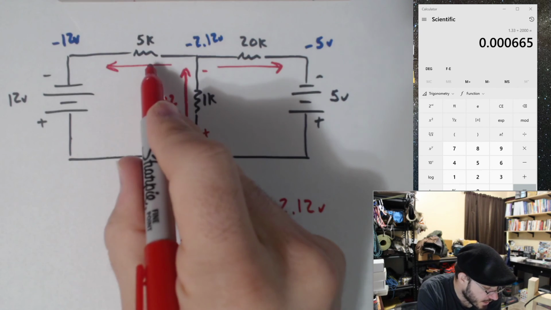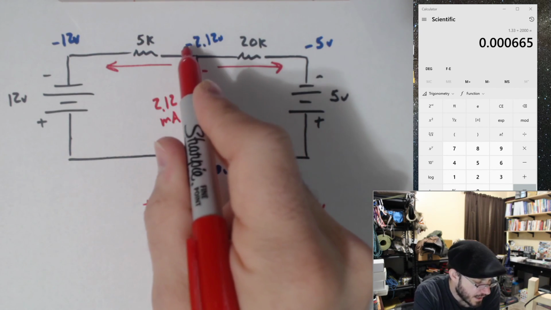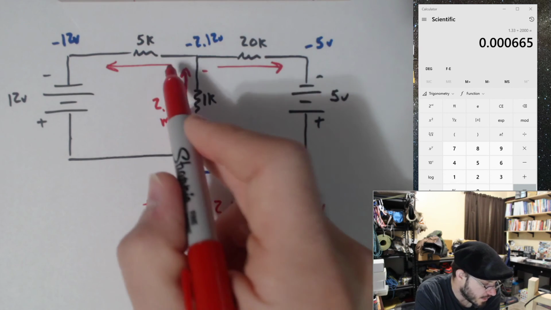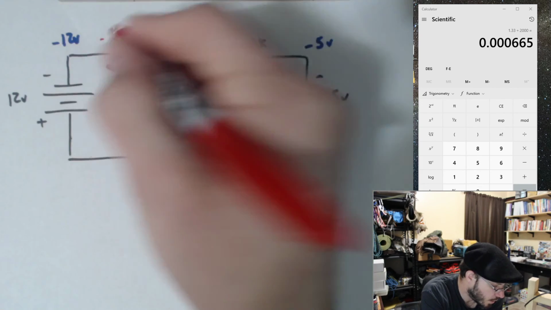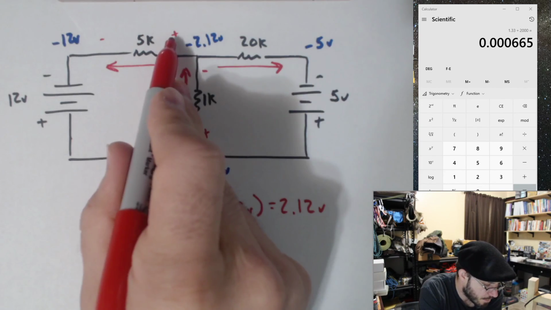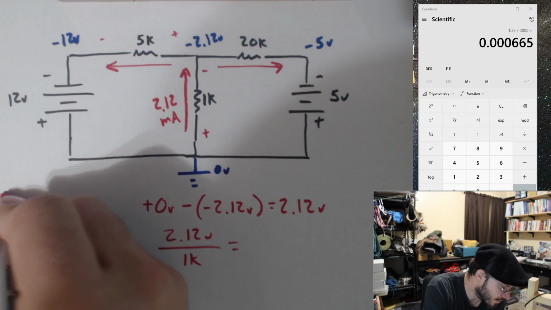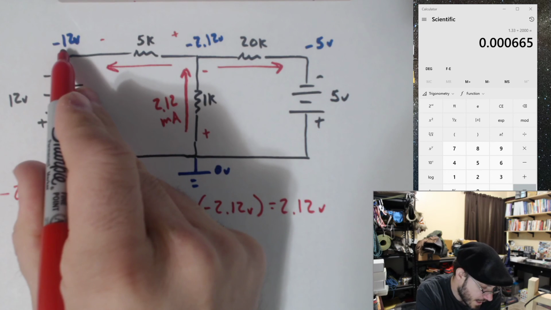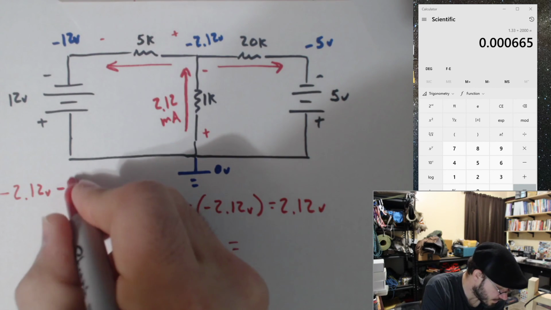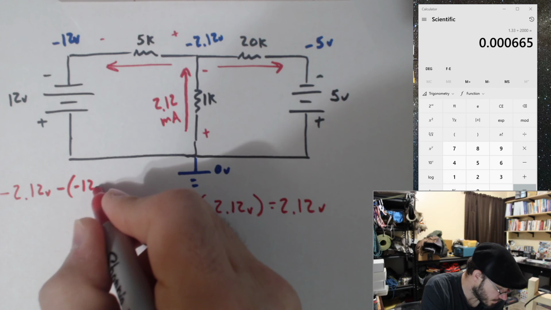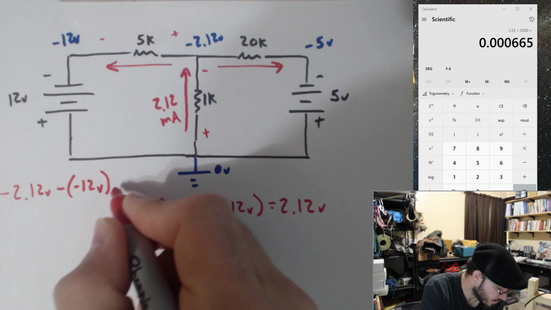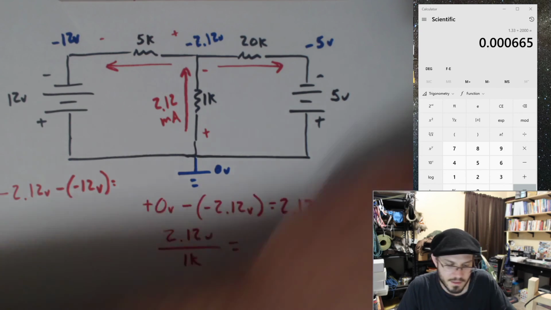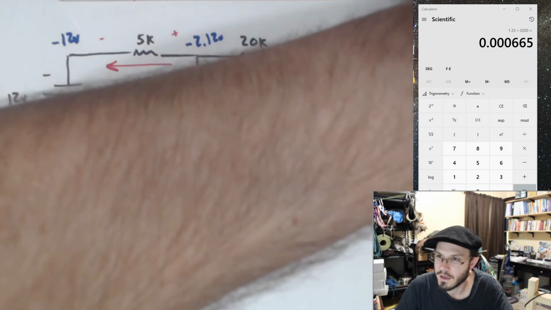Okay, let's look at this one. Again, I got negatives all over the place. I may be disoriented. You know what? Current just goes from a higher voltage to a lower voltage. Let's go ahead and say plus a minus 2.12 volts minus a minus 12 equals, well, minus 2 point, I don't know what's going on. Let me use my calculator.